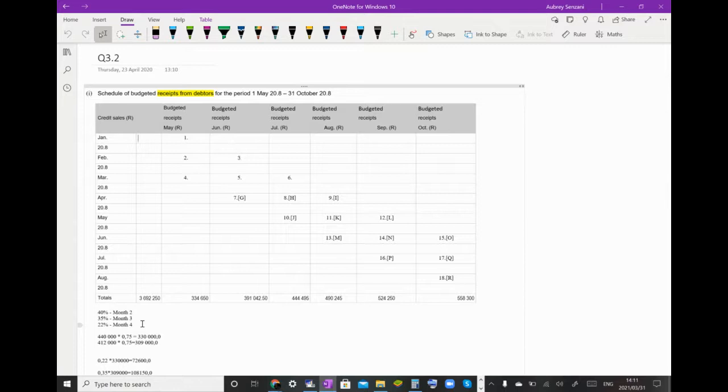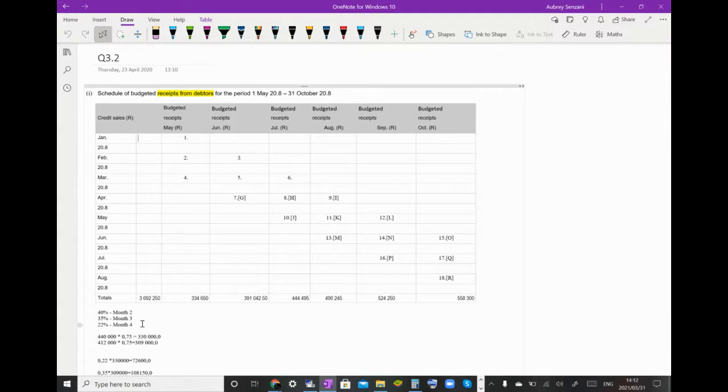Then it goes on to say creditors are settled as follows. 65% of outstanding amounts are paid back within 30 days, and an early settlement discount of 5% is allowed for these creditors. The balance of 35% is settled in the subsequent month, 60 days.